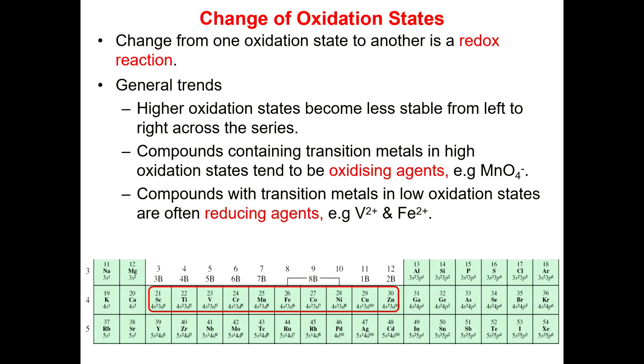A +7 charge means it's very easy to get electrons, so they are oxidation agents. And for metals with low oxidation states, they can continue to lose electrons, so they are often called reducing agents.